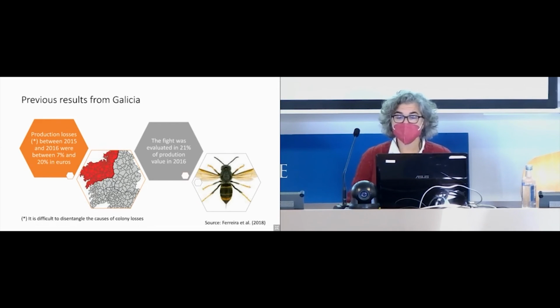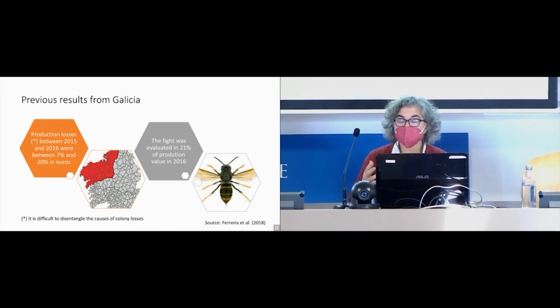This study made in Galicia, in one of the provinces, A Coruña, shows that between 2015 and 2016, the production losses were between 7 and 20% in value, in euros.